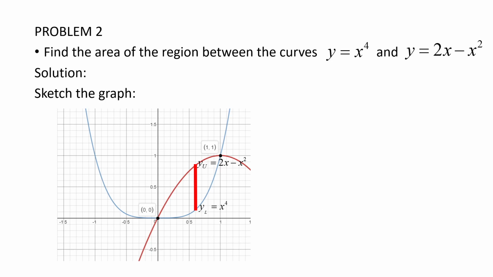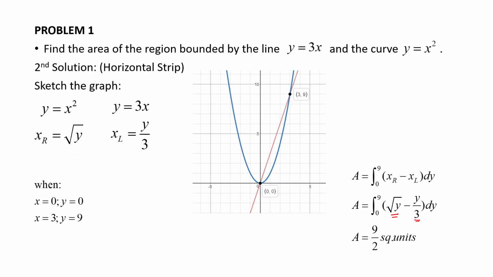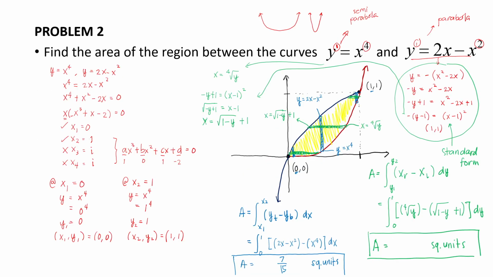So again, the purpose of me showing the two methods of solving is that it's not necessarily that you have to do both methods, you just have to pick one. And as you can see with the situations that we are presented with, both the horizontal and vertical, you will see the advantage of one over the other. Let's say, for example, this one. The equation on the vertical strip is a bit easier to look at compared with the horizontal strip.